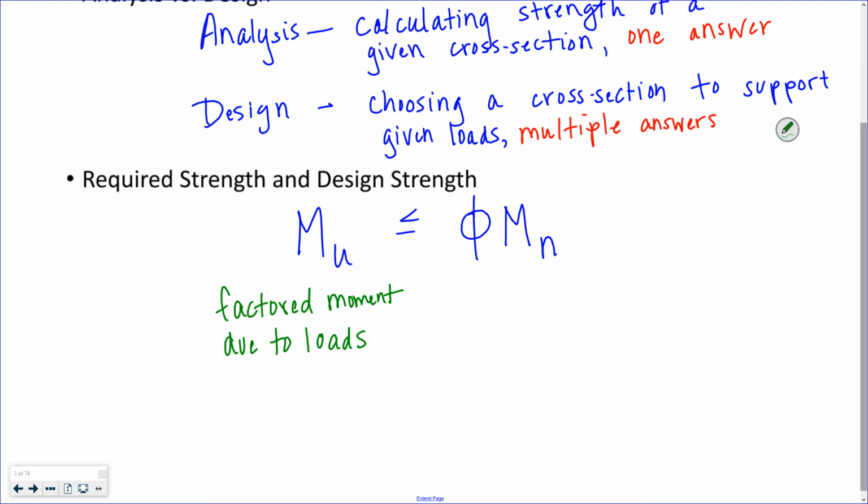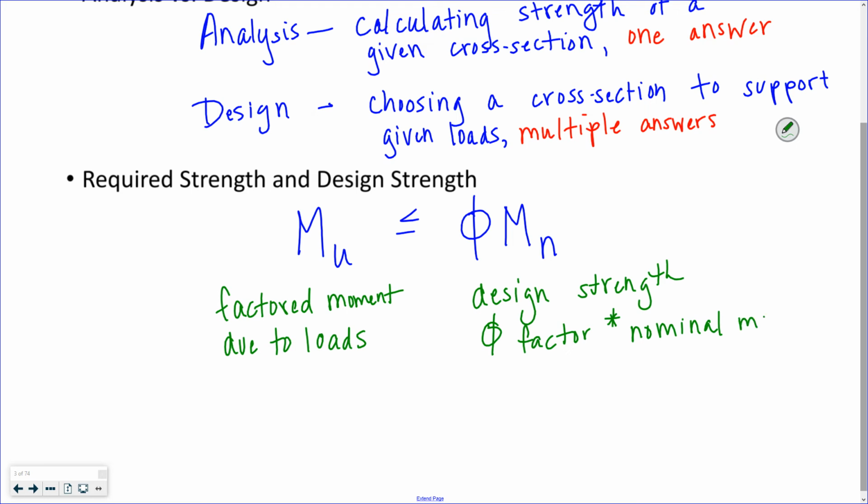And our phi Mn is our design strength, right? Which is our phi factor times our nominal moment strength or capacity.